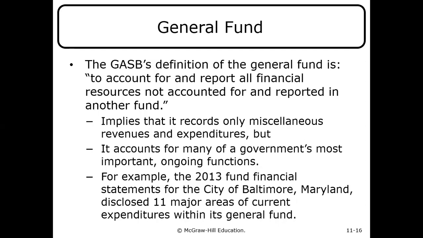For example, 2013's fund financial statements for the city of Baltimore disclose 11 major areas of current expenditures within its general fund. Let me go to page 524. It's under governmental, oh, that's a special revenues fund, I'm sorry.